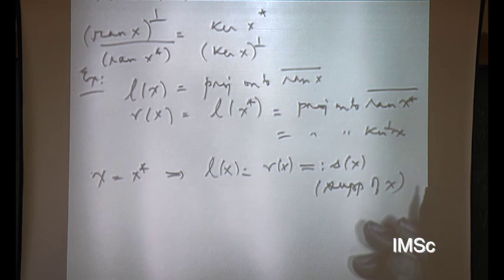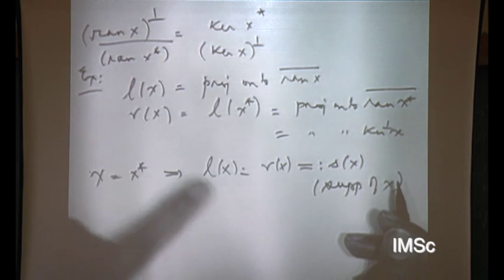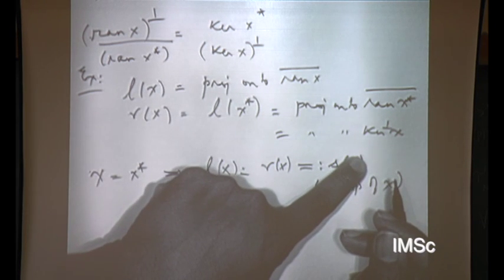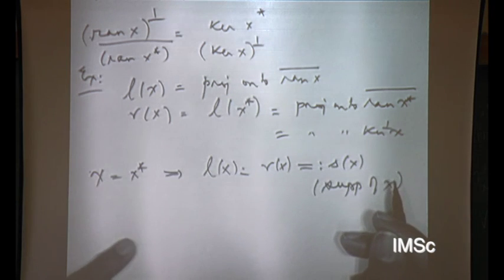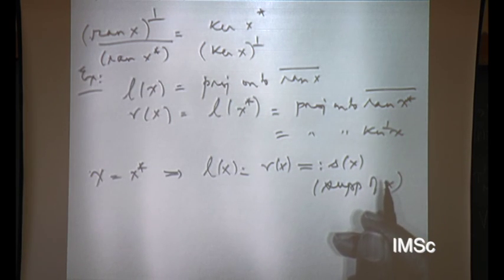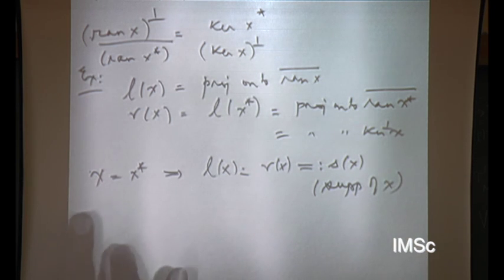So what is it? It is the projection that has two descriptions. It can be thought of as the projection onto the kernel perp of X, or as the projection onto range X closure. Okay, I think the stage is set now for the polar decomposition, which is our next item of the agenda.